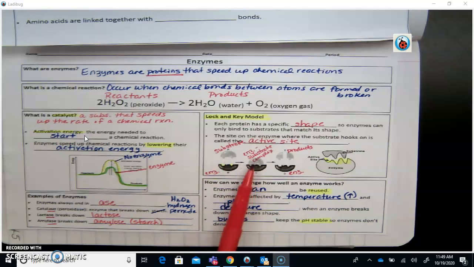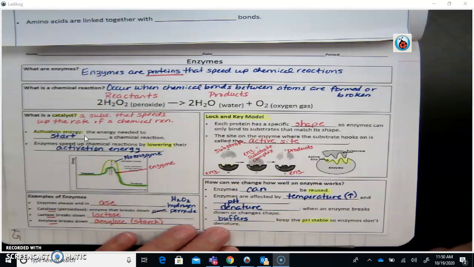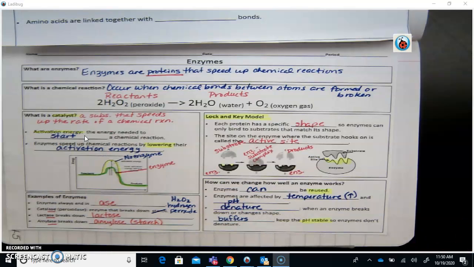When they come together, it's called an enzyme substrate complex. The chemical bonds weaken, products are formed, and notice that the enzyme is unchanged so it can be reused over and over again. High temperatures and extreme pHs can denature enzymes, which means that they're going to change shape, and that means that the chemical reaction cannot take place. So that's a little bit on enzymes.